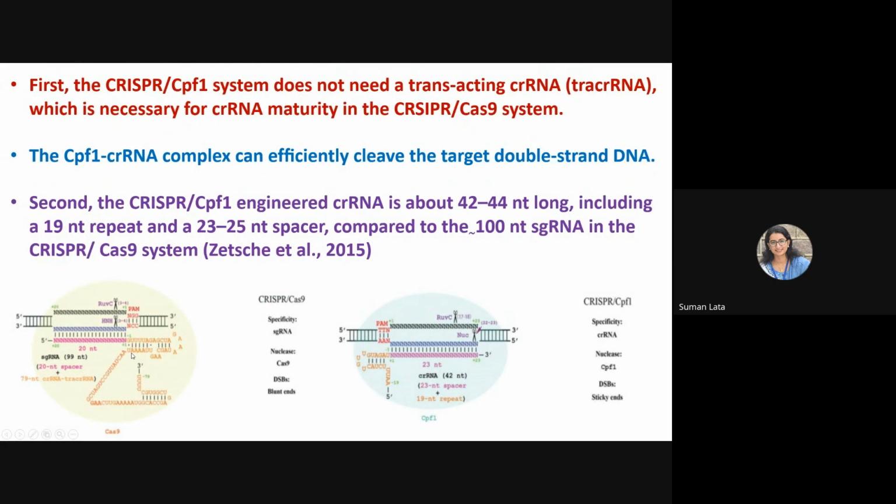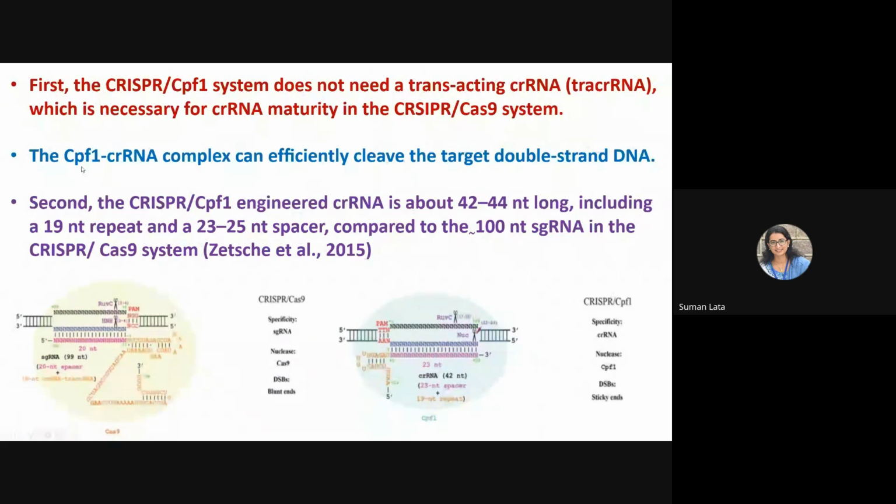So these are the differences between the Cas9 and CPF1 enzyme. The CPF1 system doesn't need a trans-acting CRISPR RNA, which is required in case of Cas9 for CRISPR RNA maturity.